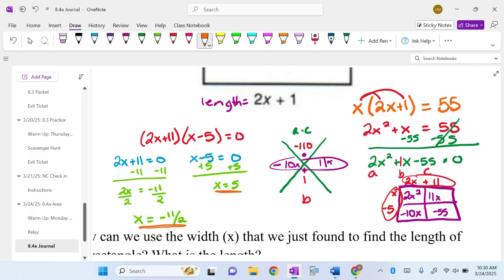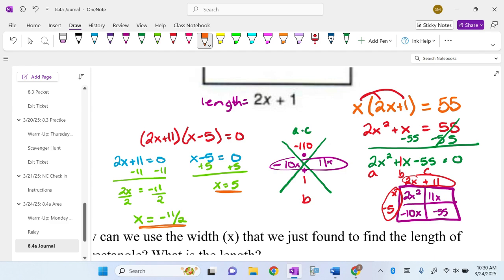However, there can only be one width. So one of these numbers is the width. Which one do you think it is? 5. Why? Well, your width could be a fraction, but there's a big reason why negative 11 halves is not the answer. Because it's negative.